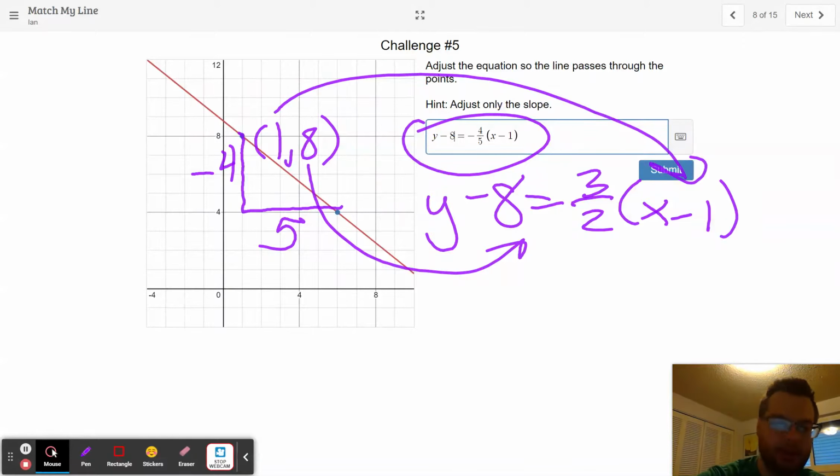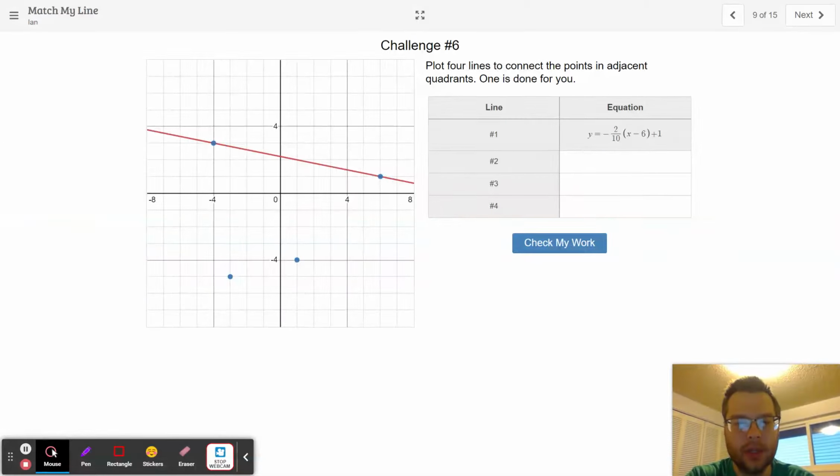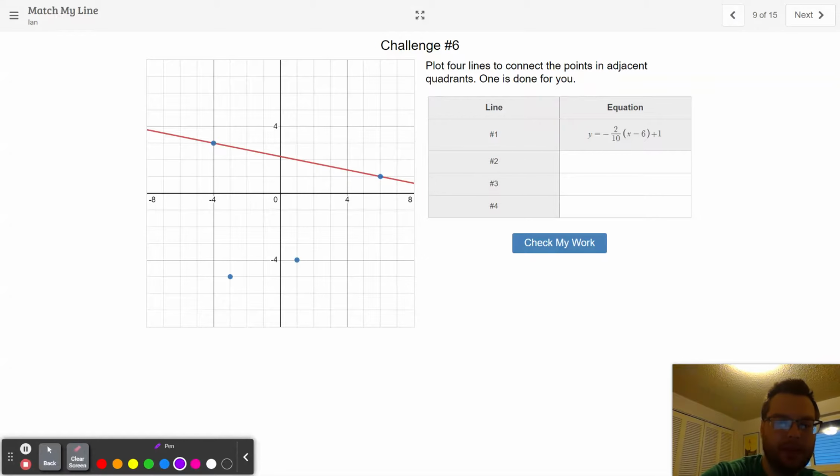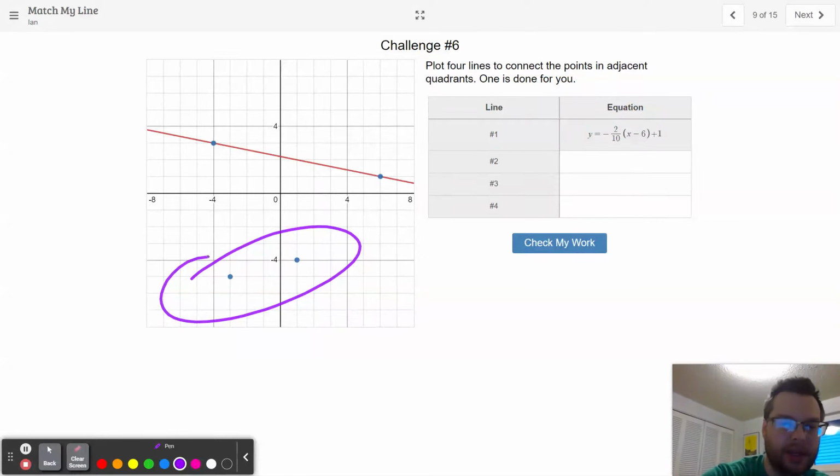I'm going to show maybe one other slide here, and then we'll call it a day. Please use the point slope form on this one. Let's say I wanted to find the equation that goes between those two points. Looks like I went up 1 and over 4, and this is the point (1, -4).